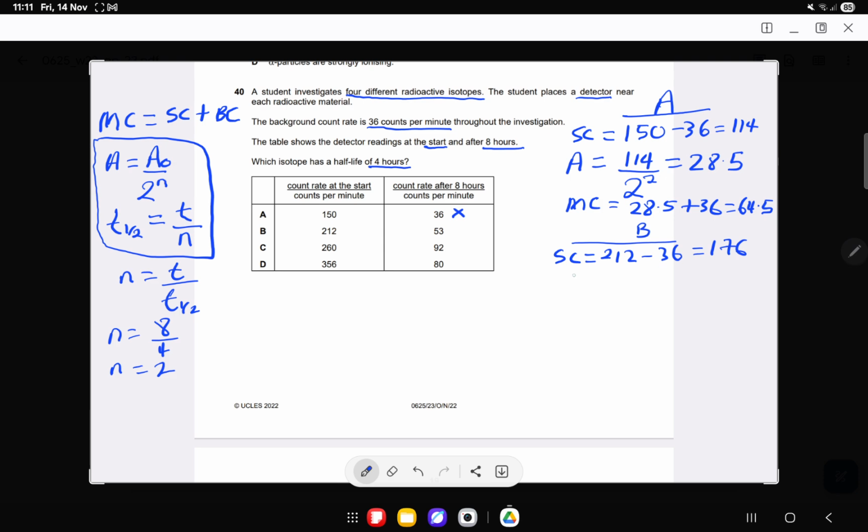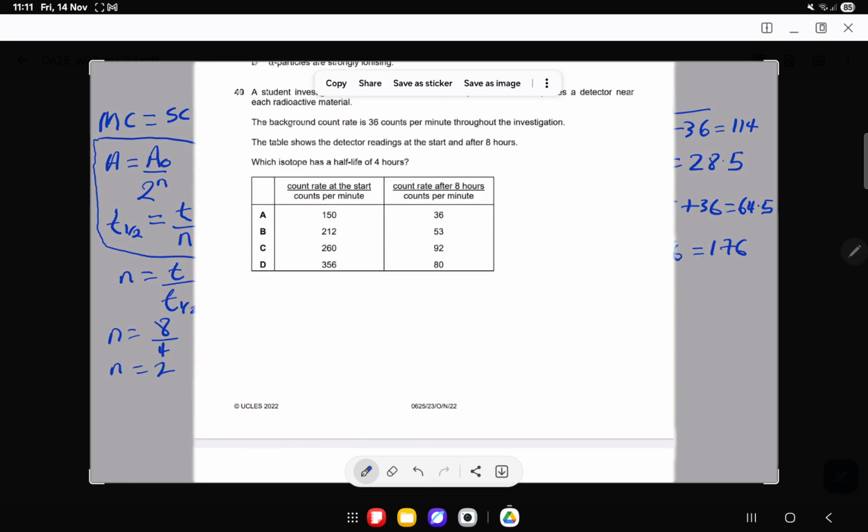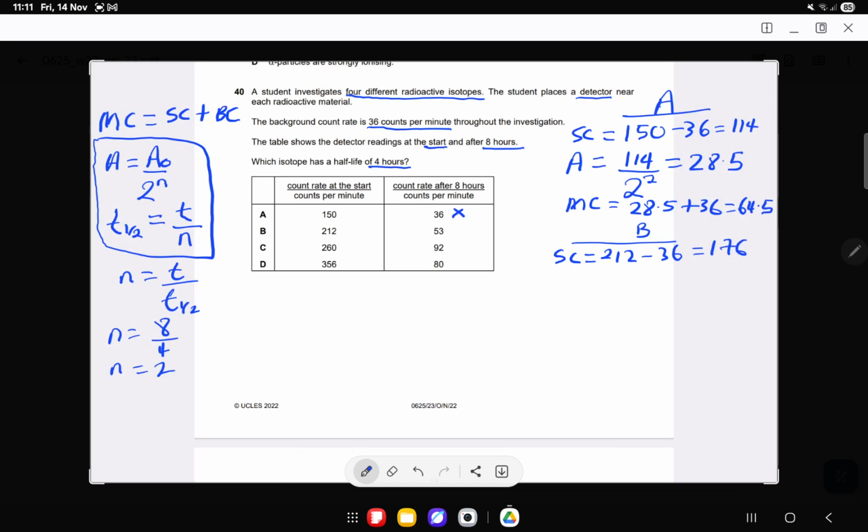So our sample count rate in this case will be the initial sample count rate, 176, divided by 2 raised to the power the number of half-lives.